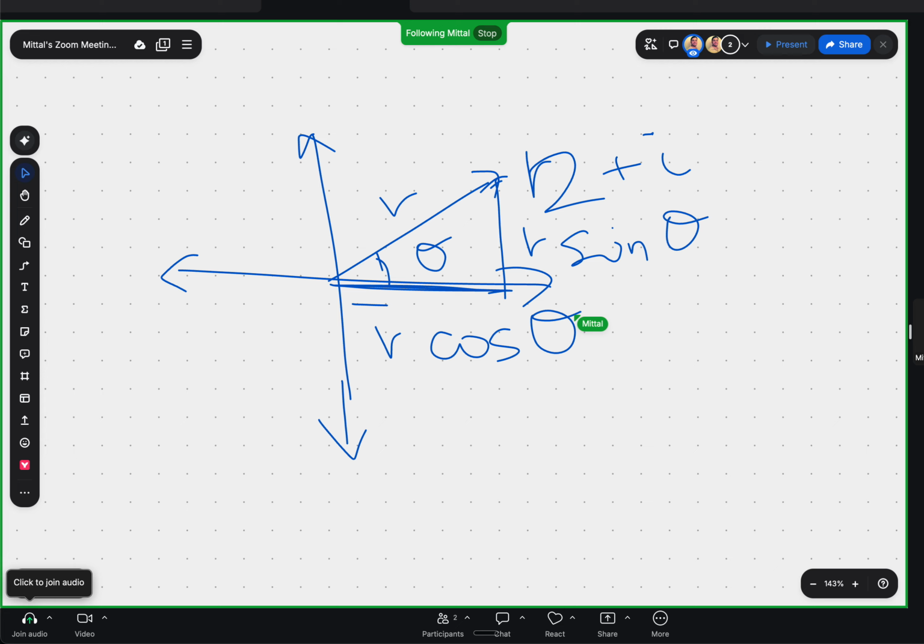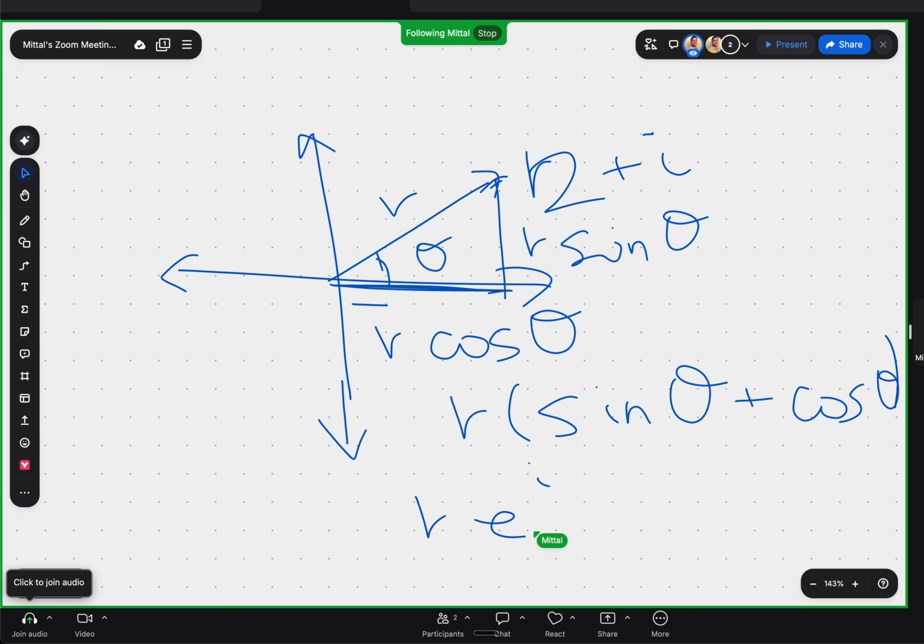So in terms of the polar coordinates, we would write this as r of cosine theta plus I sine theta. And let me remind you, cosine theta plus I sine theta is written as e to the I theta. So this can also be written as r e to the I theta.